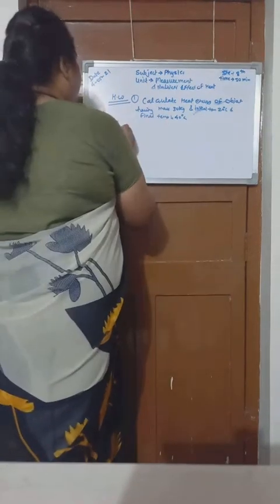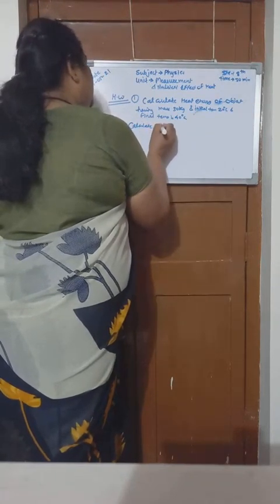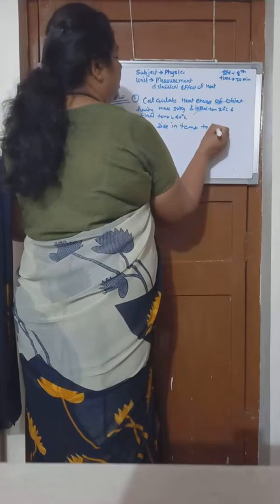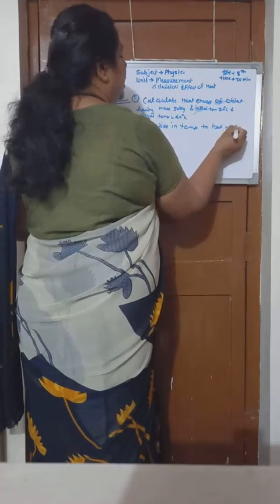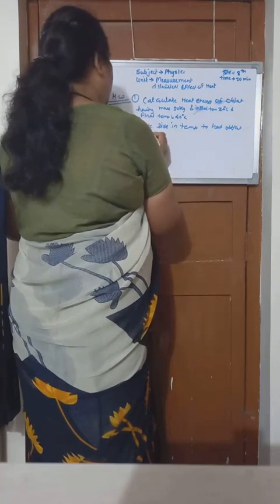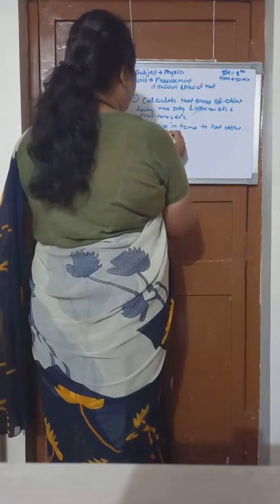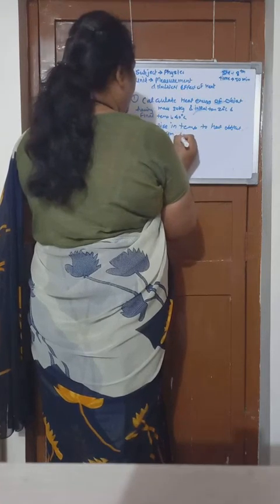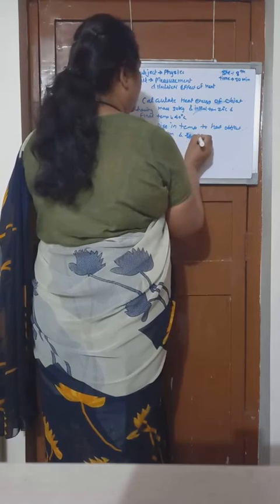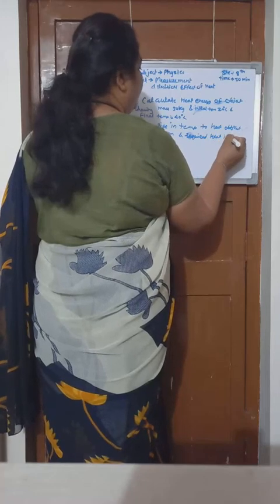Okay, second homework is to calculate the rise in temperature to heat an object of mass 45 gram, and the required heat is 50 degrees centigrade.